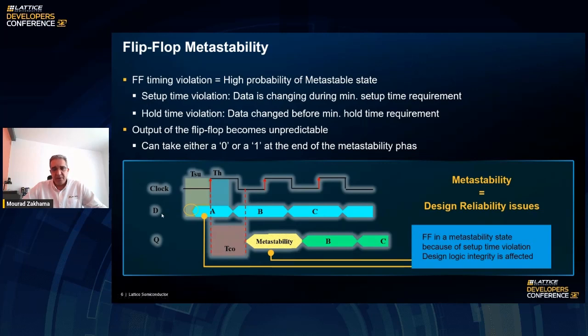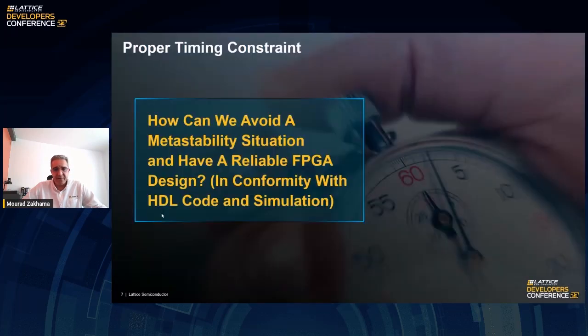We try to avoid having the flip-flop go into a metastability issue and affect the design reliability or the design operation that you have. So the question you may have is, how can we avoid a metastability situation and have a reliable design that is in conformity with the HDL code and the simulation that we have done on the design?